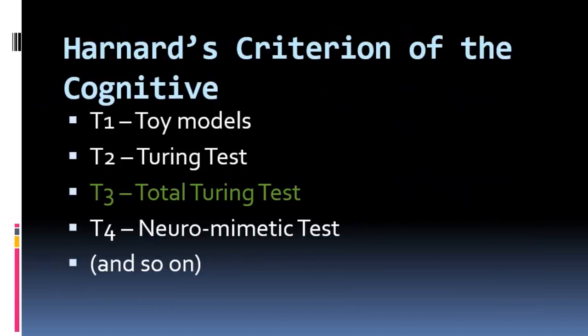Okay, so Harnad thinks that T3 is the right level. Harnad thinks that the neuromimetic identity is too much, and just the Turing test is not enough. But if it's able to live an entire life and deal with all of the different contexts that a human does, then, well, nobody's ever seen my brain.